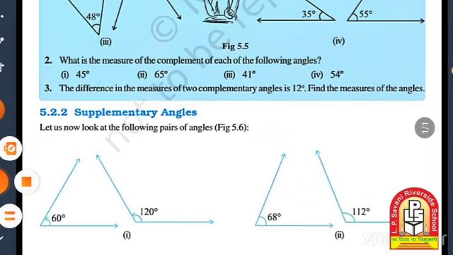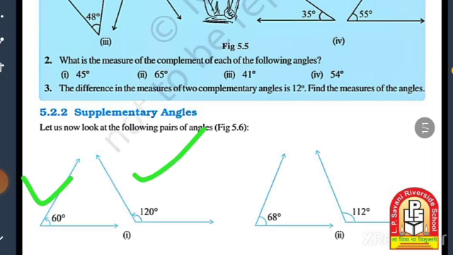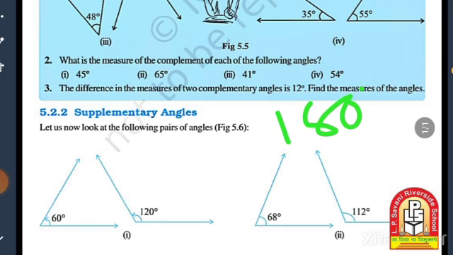Let's start supplementary angles. What are supplementary angles? First of all, I will tell you the definition of supplementary angles. If two angles have a sum equal to 180, for example 60 plus 120 is 180. So the sum of these two angles is 180.